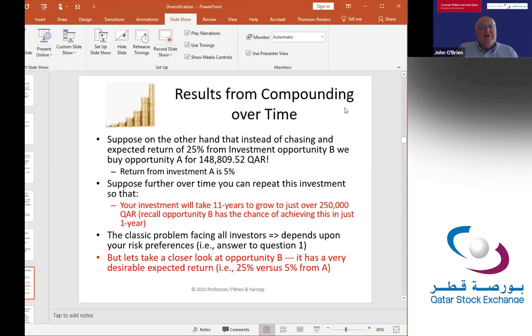Now, with these results over time, some positive stuff can happen. So if we return back to opportunity A that gave us a sure payoff, and if we bought opportunity A for 148,809 reals, then our return from opportunity A is 5%.